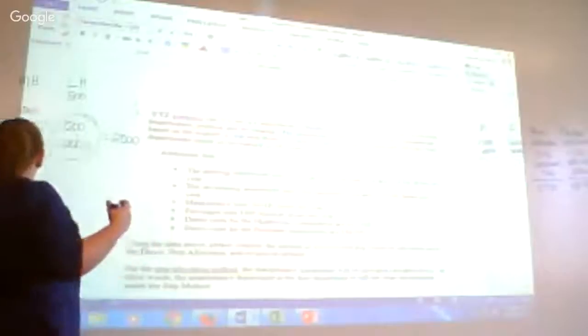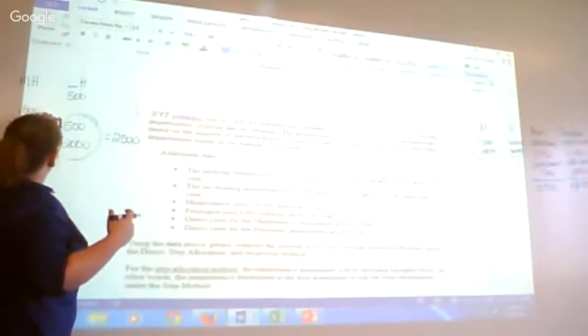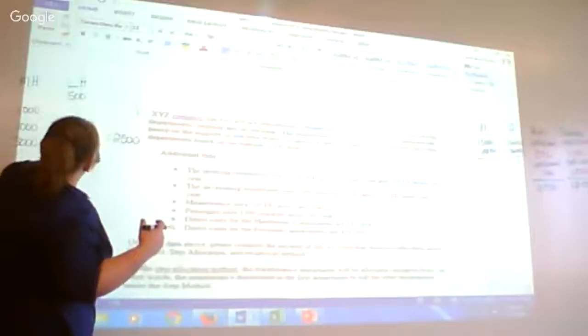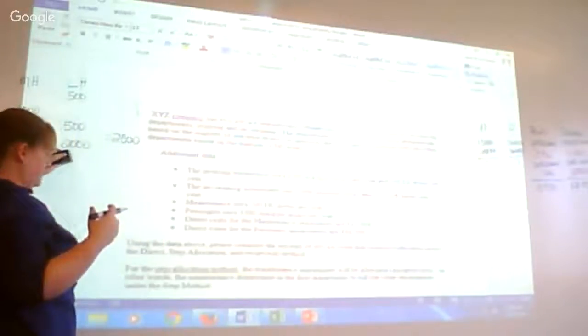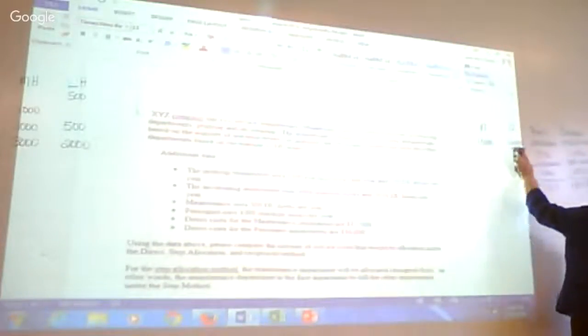All right, so let's look at that. We're still looking at the same numbers, but we're going to be doing what we call the reciprocal method.